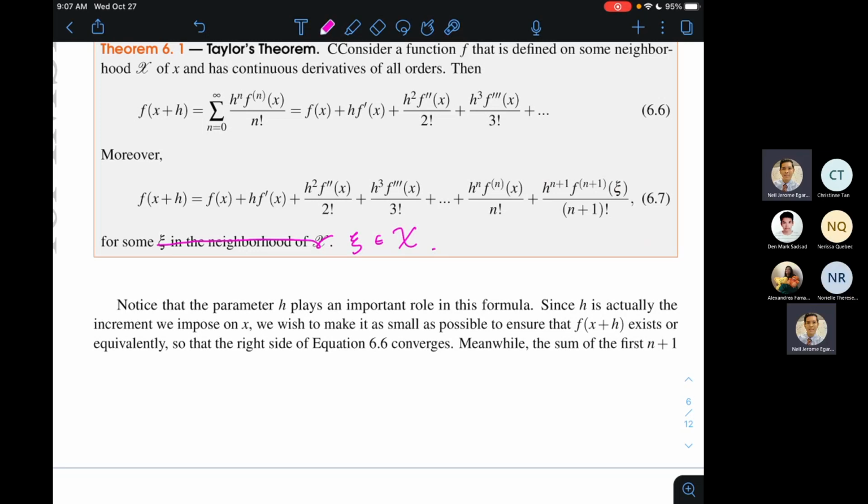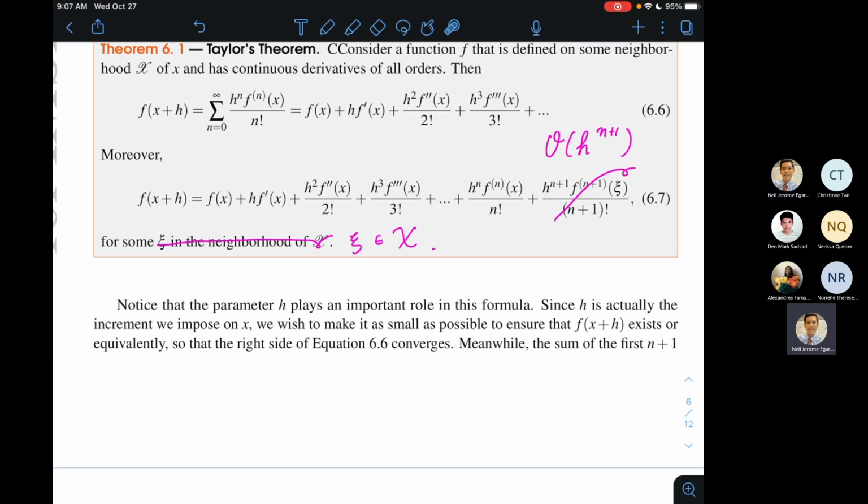So if you don't want to keep track of these messy factors, pwede nating palitan to as a big O of h to the n plus 1. Remember, ang ibig sabihin lang ng big O ay yung behavior nitong term na to ay asymptotically bounded above by a multiple of h to the n plus 1. So, ibig sabihin, parehas lang to ng behavior kay h to the n plus 1 in the long run.